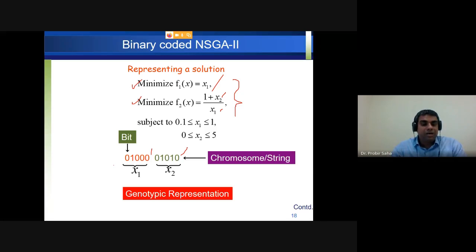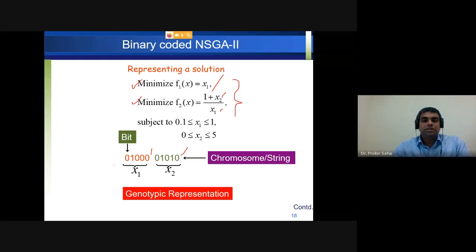Whether 0 or 1 will depend on an algorithm written for generating a random number between 0 and 1. That program is available, it's not a very big deal. If it is less than 0.5, we choose 0. If it is greater than 0.5, we choose 1. You got it? That's how we do that.